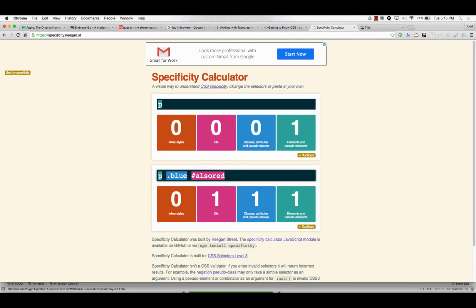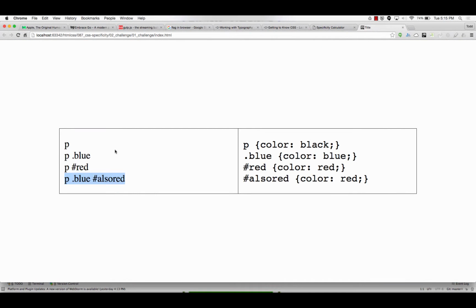It will help us to think about it this way. Between blue and also red, and then also you could think in paragraph, right? The also red's going to win. So this will be red, this will be red, this will be blue, this will be black.